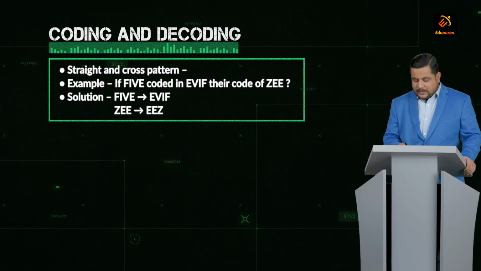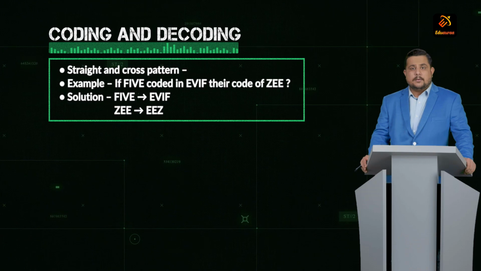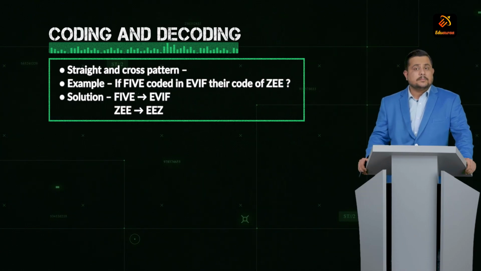L to R was given. Now you will switch R to your left side and L to your right side. So R to L, it will become what? R to L is that reverse pattern, or you can say fully cross pattern.